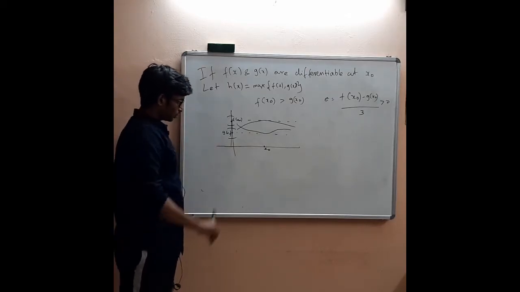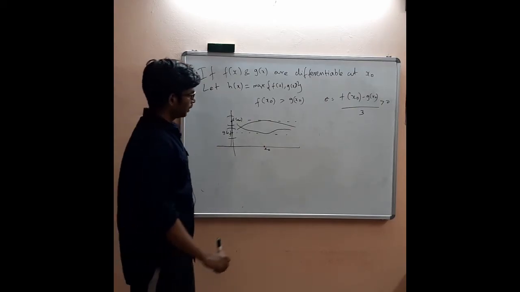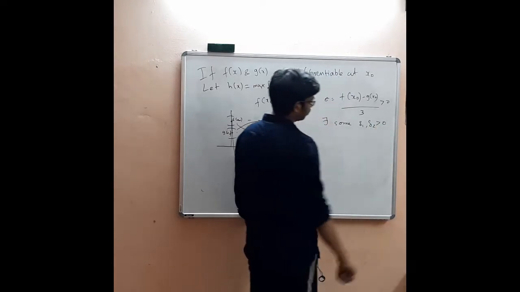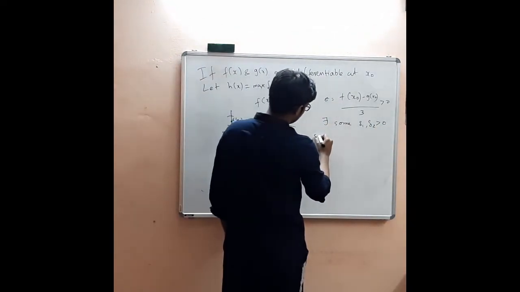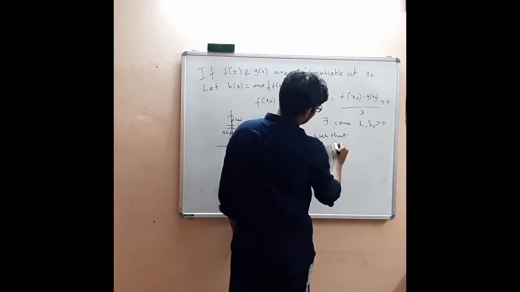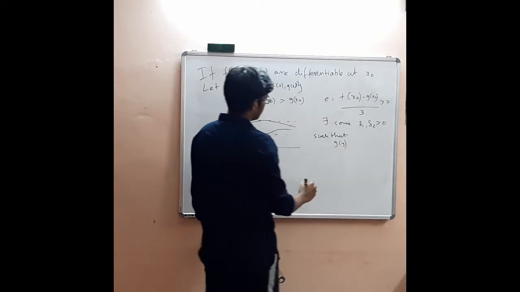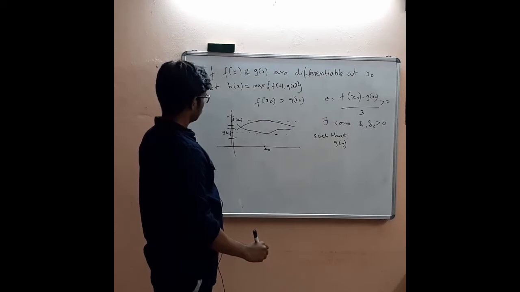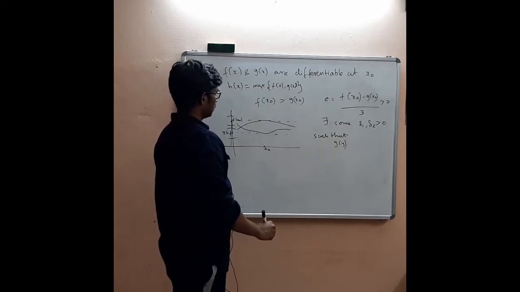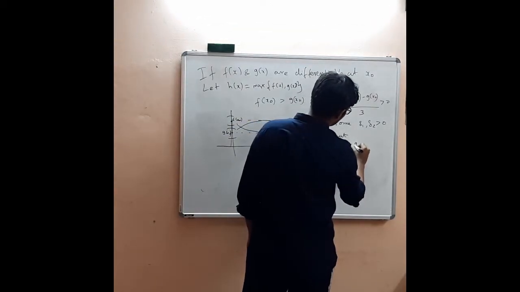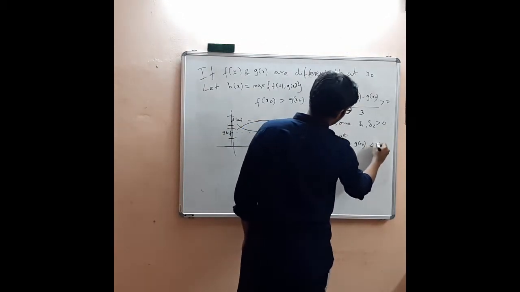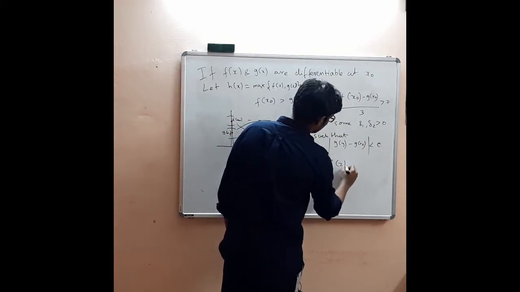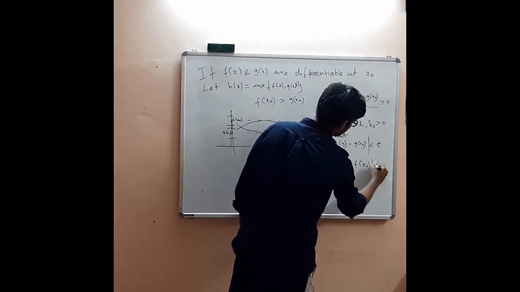Since both f and g are continuous at x0, there exist some delta 1 and delta 2 greater than 0 such that the absolute value of g of y minus g of x0 is less than epsilon, and the absolute value of f of z minus f of x0 is less than epsilon.